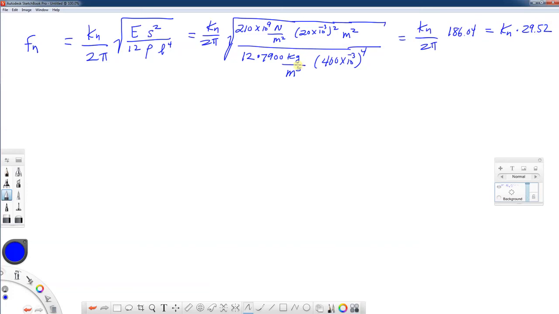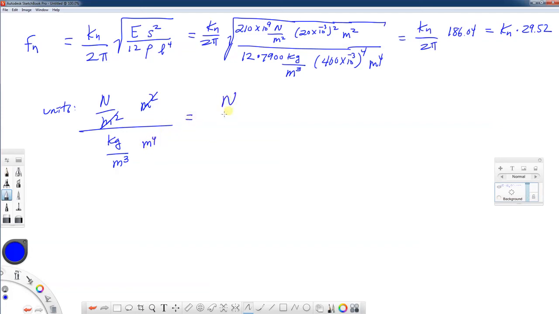Let's check though our units. If you notice, our units didn't quite cancel out. It doesn't appear that way anyway. So let's take a look. Let's just write our units down here. We have a Newton per square meter. We have a square meter on top. Okay, so that cancels out. On the bottom we have a kilogram, and we have meters cubed on the bottom. And then we have a meters fourth over here.